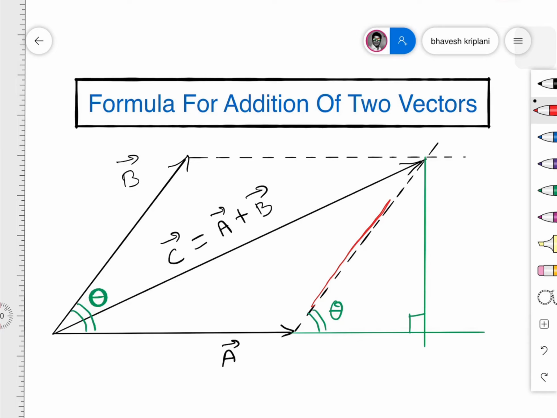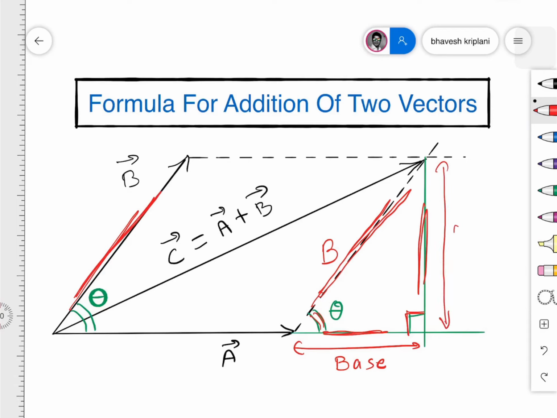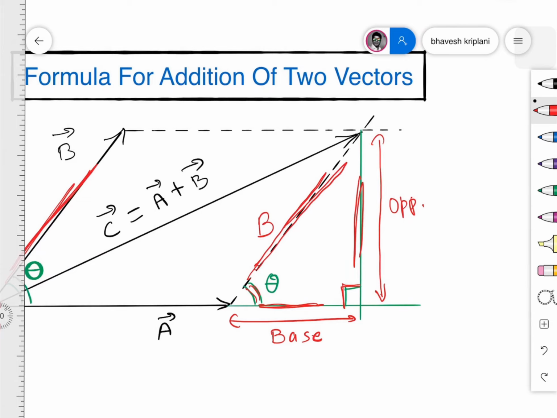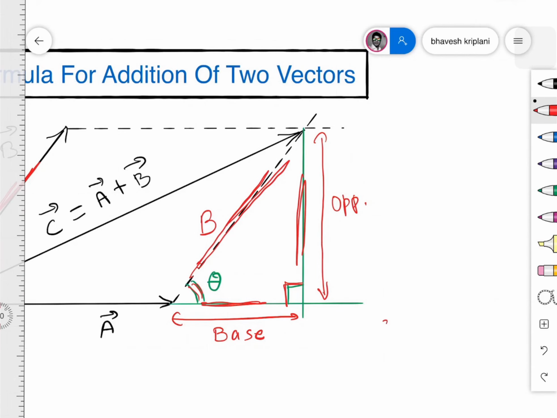Now this side of the parallelogram will be equal to this side of the parallelogram, that is, its length will be equal to B. Then if we focus on this triangle over here, it is having one angle equal to 90 degrees. So this is a right angled triangle, and we are taking this angle to be theta. Then this is the base of the right angled triangle, and this is the opposite side of the right angled triangle.